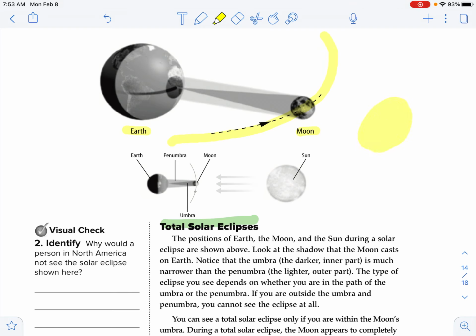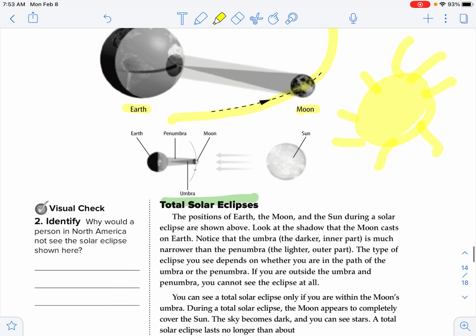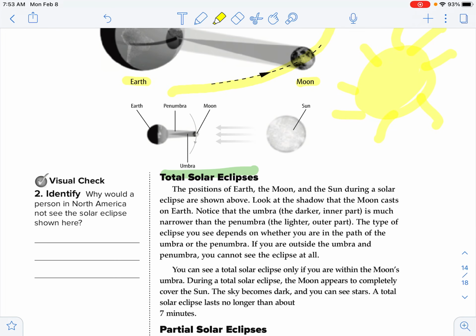And so we have the sun right here, big sun right here. The sun is going to shine on the moon and cast a shadow, and it just happens to be that that shadow is going to fall on the Earth. Okay, so we'll come back to this drawing in a moment.